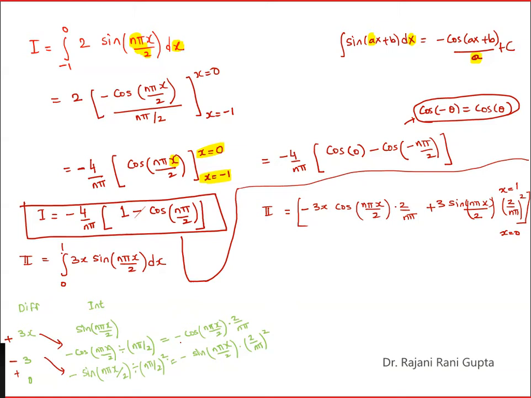Okay, so now when we replace x by 1, we get minus 3 cos of n pi over 2 times 2 over n pi plus 3 sine n pi over 2, 2 over n pi power 2, and then minus, when we replace x by 0.